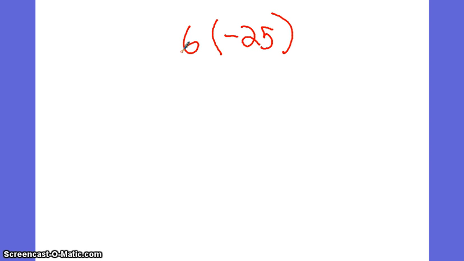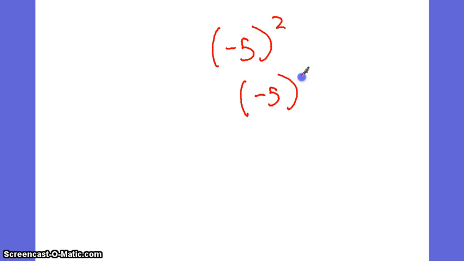And 6 times negative 25 is negative $150, because that's how much money is actually being deducted. And when you talk about deducting something, you're talking about negative numbers. And you don't want that in your account, but that's how it goes.